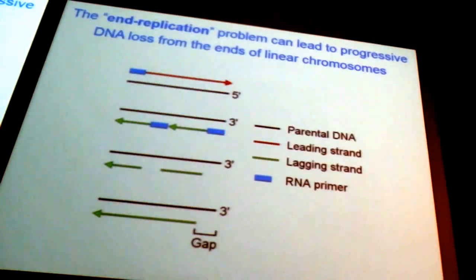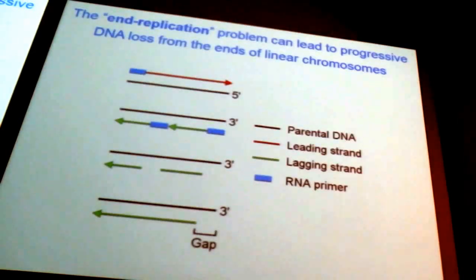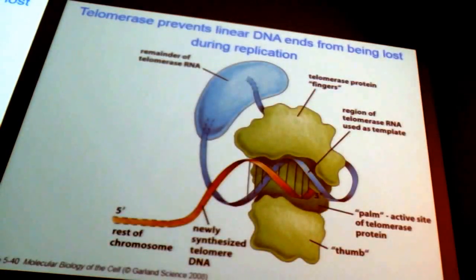So that problem needs to be solved, and it's solved very simply by having repetitive sequences at the end and encoding the primer for that in another protein. Okay? So not having any important sequences at the end, and having a mechanism for regenerating the end sequence alone. And that mechanism for regeneration is through an enzyme called telomerase. I think this also won the Nobel Prize a couple years ago, maybe last year.